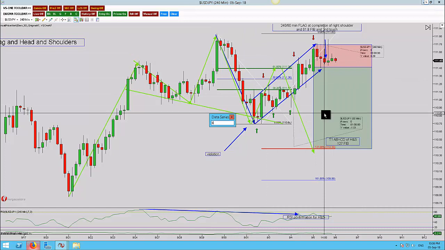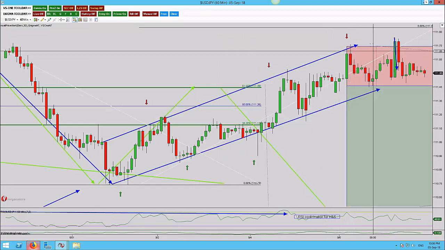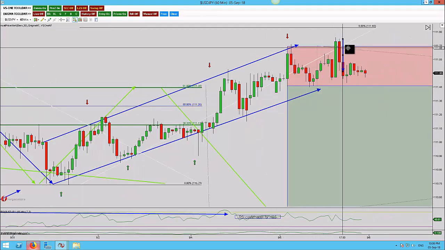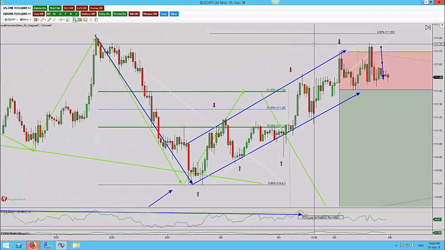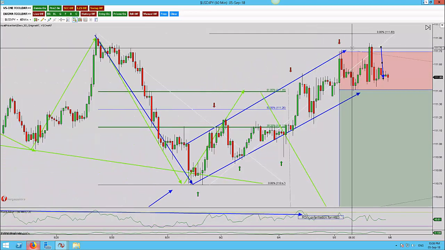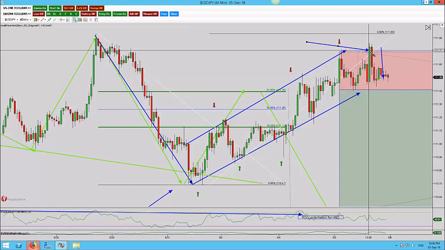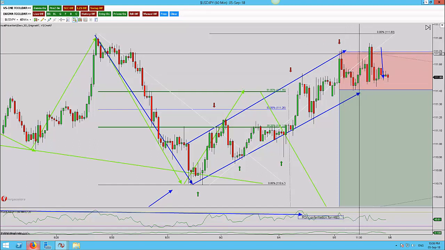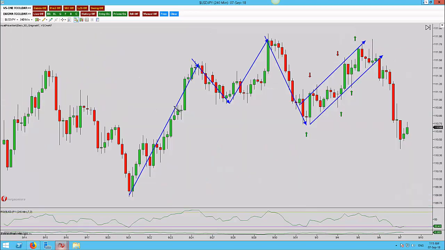If we do drop down to the 60, we did get more confirmation really when we were looking at selling this market, and it came in the form of, I thought we had a double top here. Nope, I must be thinking of a different pair. And you can see that we just rallied up and yeah, got stopped out there. So losing trade for 29 pips.